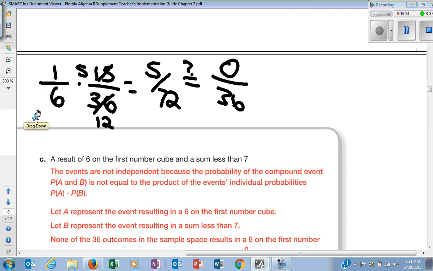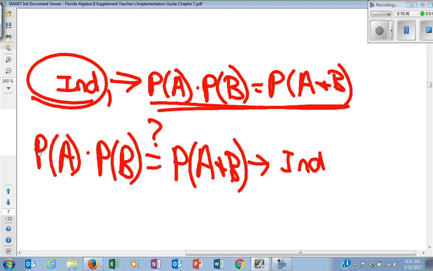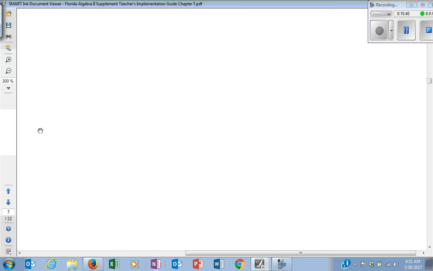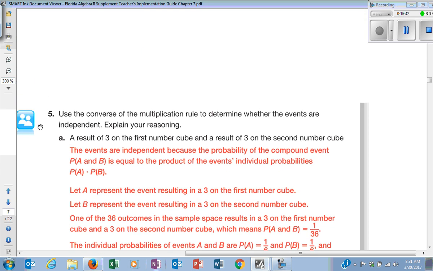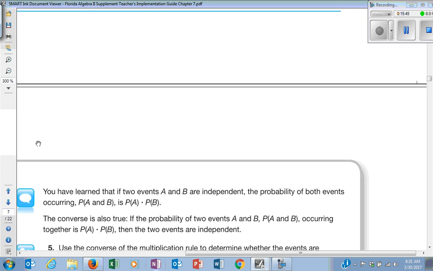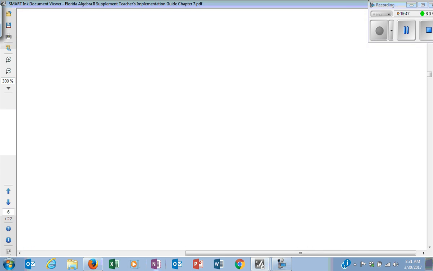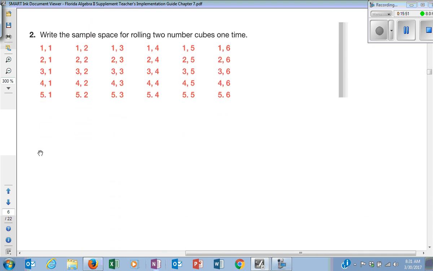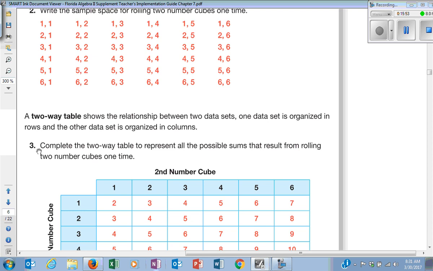Here's another example I made up, because theirs I feel are not great to help you out. What if I said, what are the possibilities of rolling a 2 and a sum of less than 7? How could I use these two charts to help me figure that out?